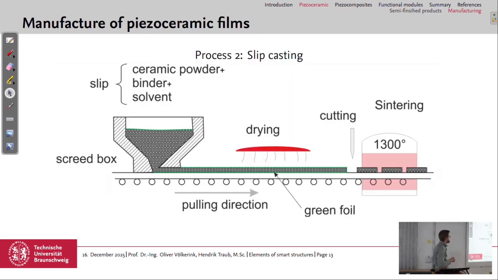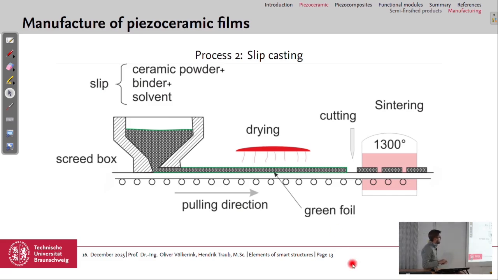This looks like this. You have the slip with the ceramic powder, binders, and solvents. You have it in this kind of screed box, and pull it then in this direction on a belt. Here it is dried. Here you have then, after drying, the green foil, comparable to the green body before.